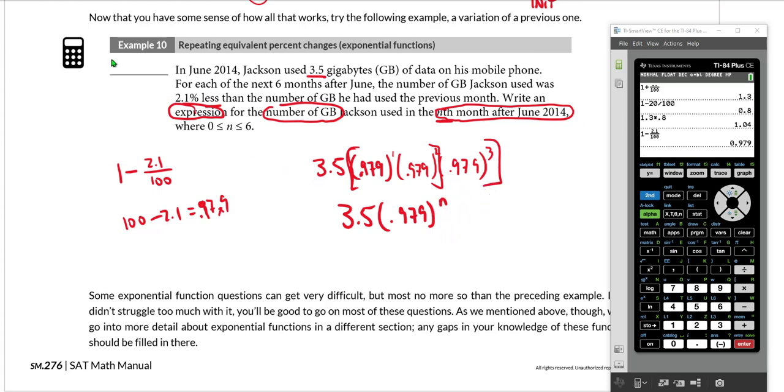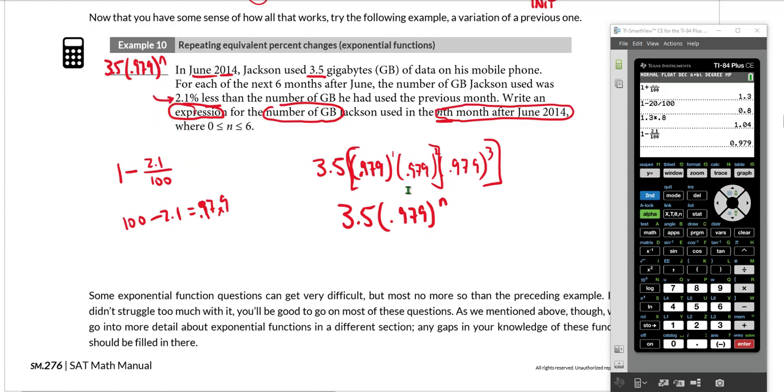So our expression could be 3.5 times 0.979 to the n. However many months past June of 2014 is the number of times we will multiply 3.5 by 0.979, to decrease an additional time by 2.1%.